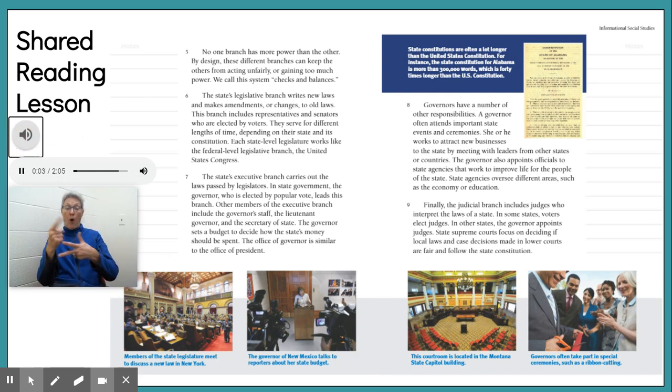No one branch has more power than the other. By design, these different branches can keep the others from acting unfairly or gaining too much power. We call this system checks and balances.